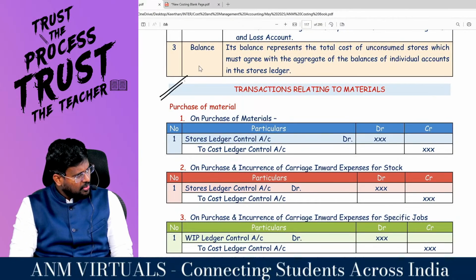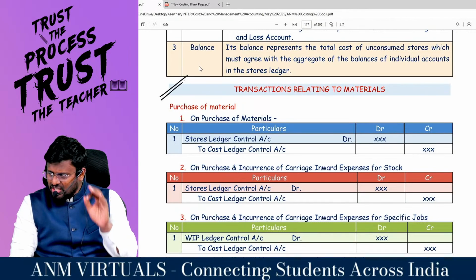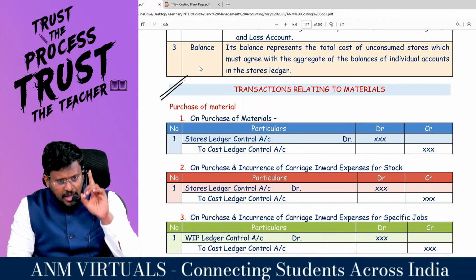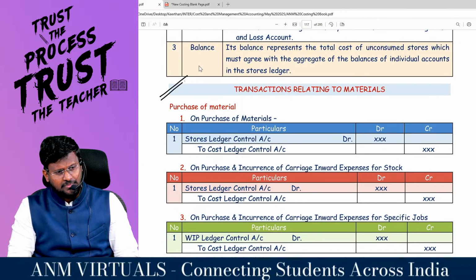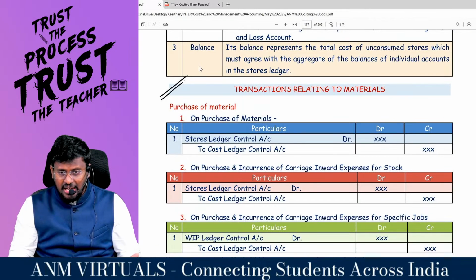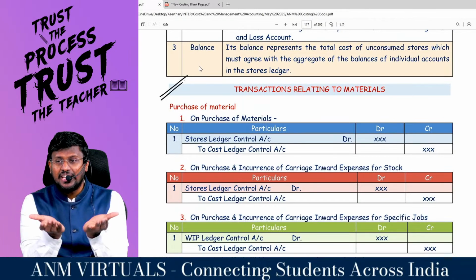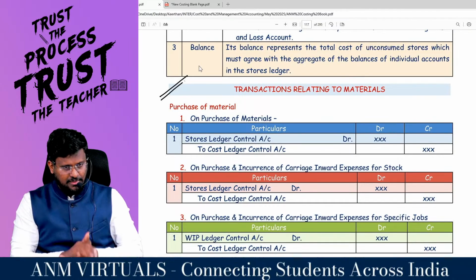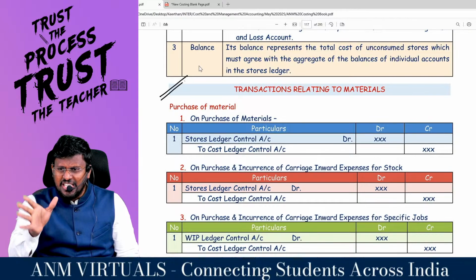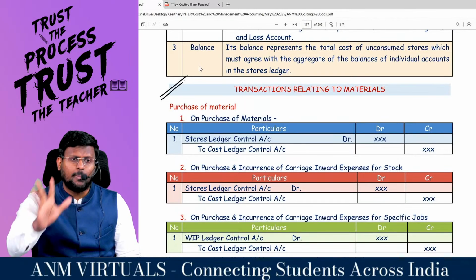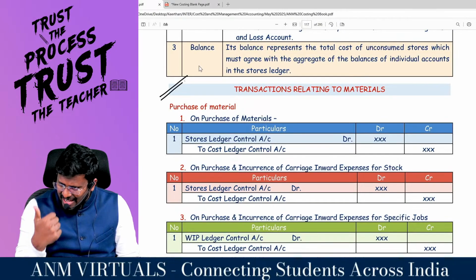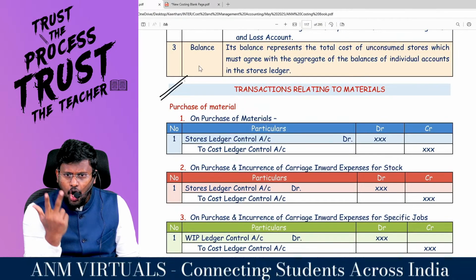So when you purchase raw material, you have to debit the stores ledger control account, because the raw material in the stores increases. Actually, stores ledger control account debit to cash or bank or to creditors. I should credit either cash or bank or creditors.